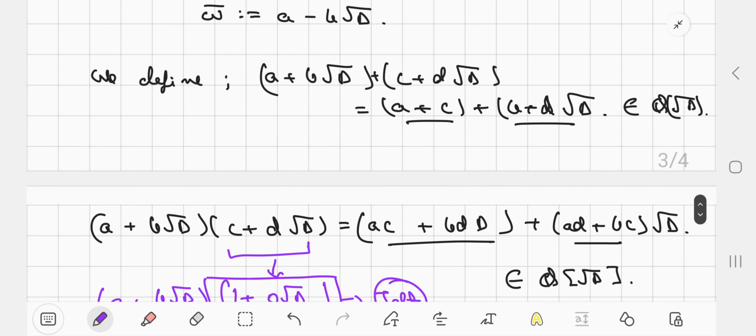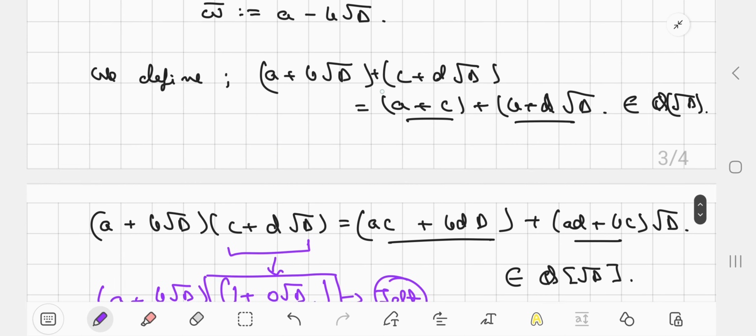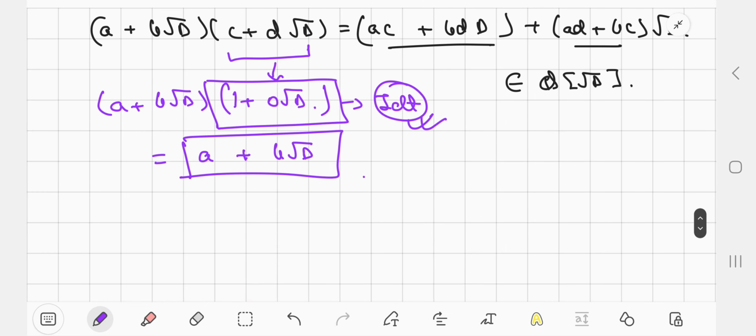Additive identity is pretty obvious, right? Additive identity will be 0 plus 0 root D. Clear? So it is sort of obvious that both the additive and the multiplicative identities are just carrying forward from Q. There is no new identity coming out.